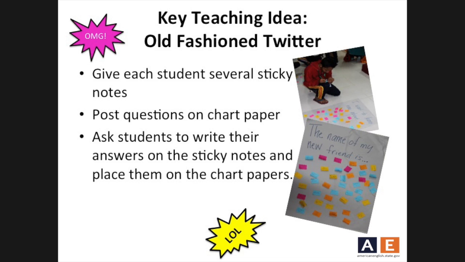Students should write their answers on the Post-its and stick them on the posters to answer. This is similar to Twitter because response length is limited, so it makes the activity more approachable for students, as well as connecting it to something students enjoy doing outside of class. I've found that this framing of the activity makes students enjoy writing and sharing their answers more.